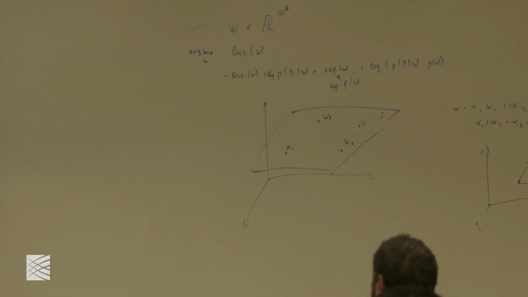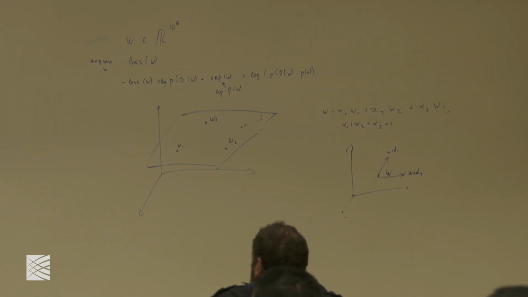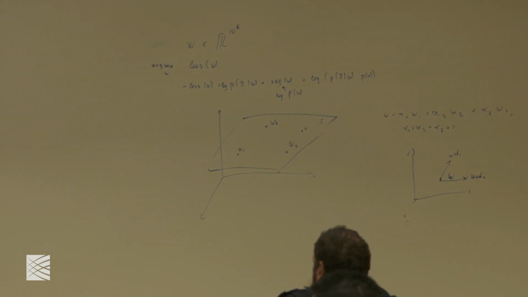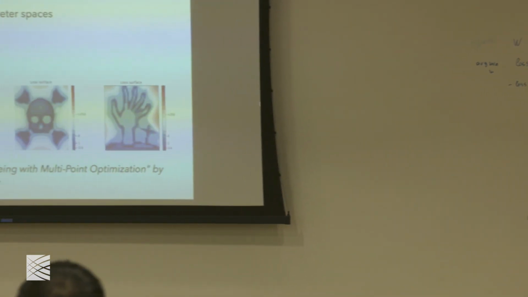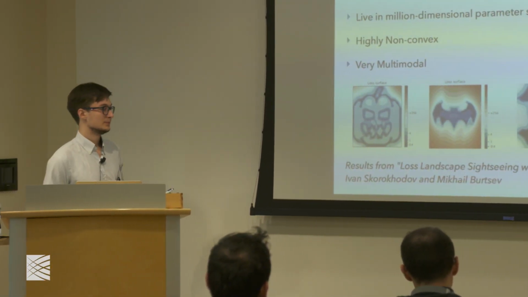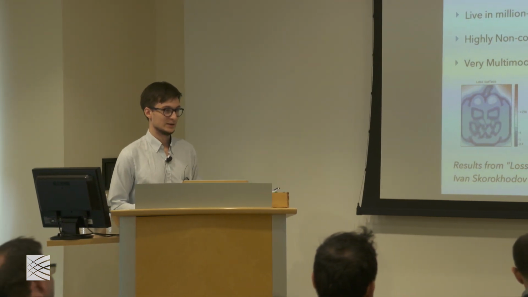There is this paper, Loss Landscape Sightseeing, and they used an approach similar to what we did for connecting different optima, and they were able to find two-dimensional planes in which the loss landscape looks like a Halloween pumpkin, and basically any picture.